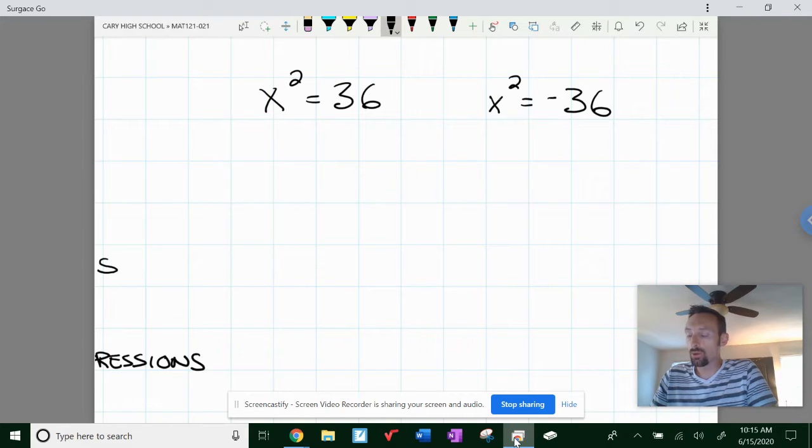The 36 one is an interesting equation in and of itself because there's actually two values that will make this a true equation. If I'm squaring a value, how do I undo that? In mathematics, every operation has an inverse operation. And what is the inverse operation of taking a number to the power of 2?